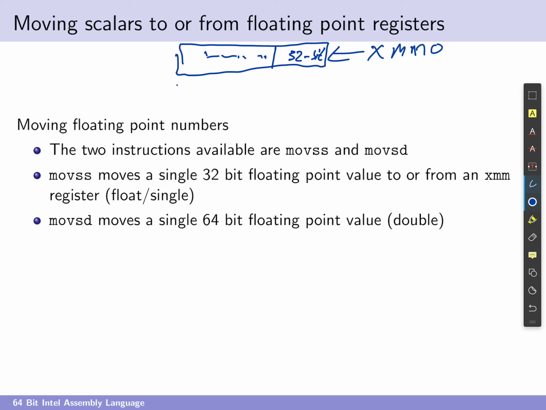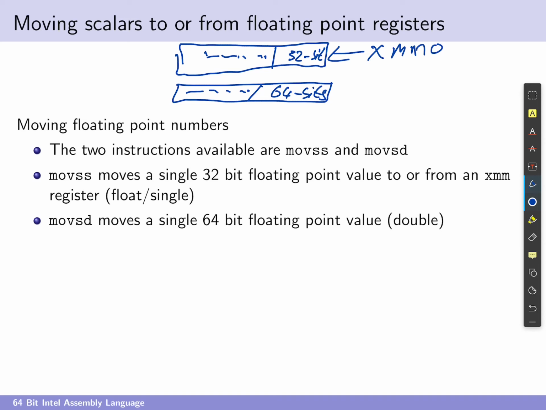In the same vein, if I wanted to store a double floating point number, I would be using the bottom 64 bits of the XMM register, and the higher order bits will in essence not be used. However, we can also use these XMM registers to store multiple floating point numbers.